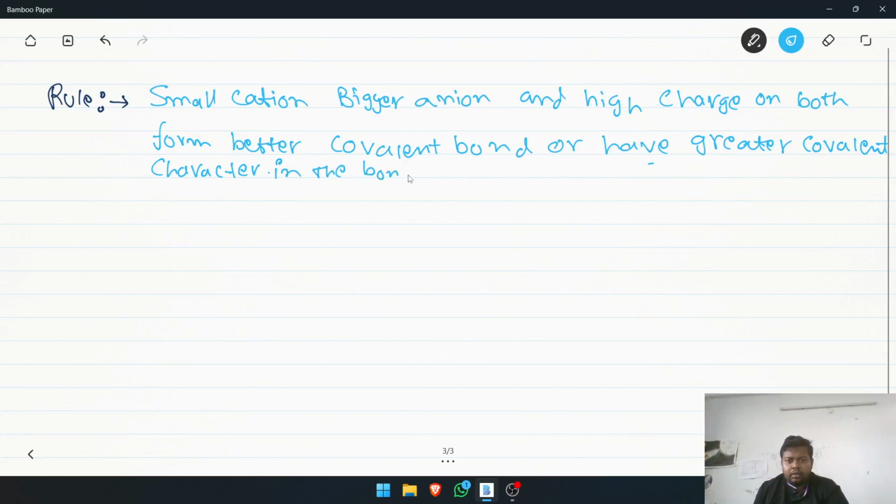So it says there are two main factors: small or big, that means the size, and the other is charge.